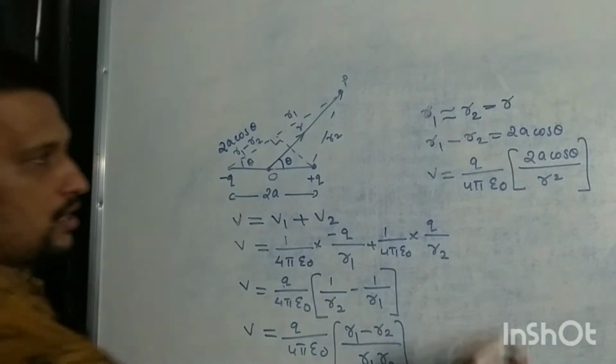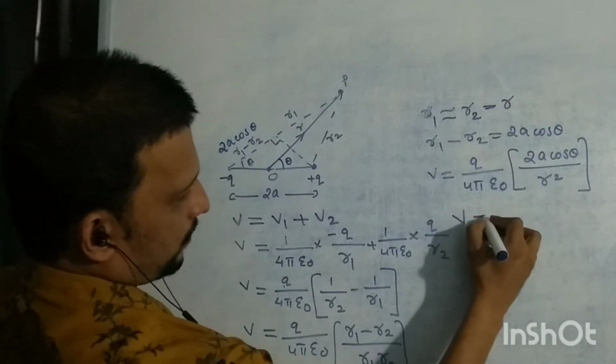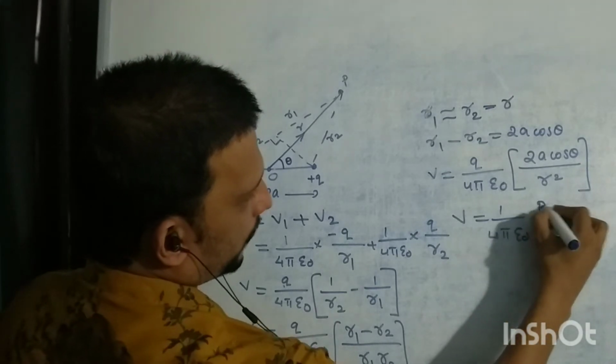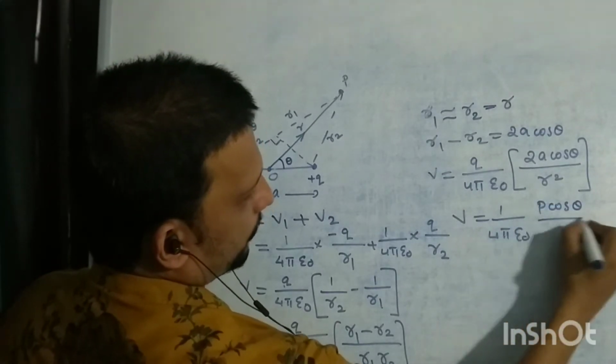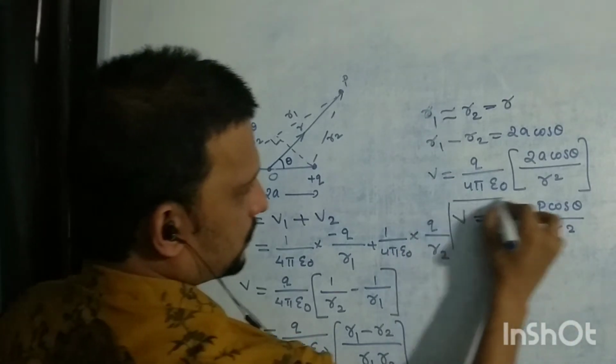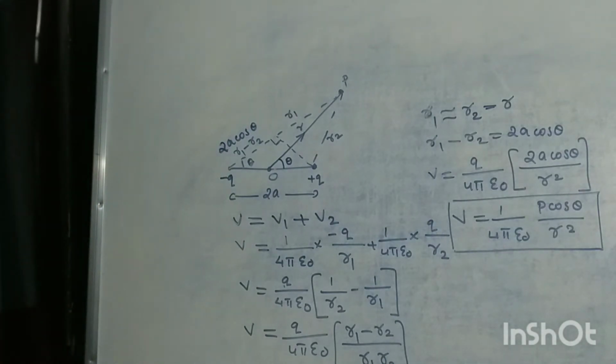So what is this 2a into q? That is the dipole moment. So rewriting the equation, V is equal to 1 by 4 pi epsilon 0 p cos theta divided by r square. So this is the potential due to a dipole.